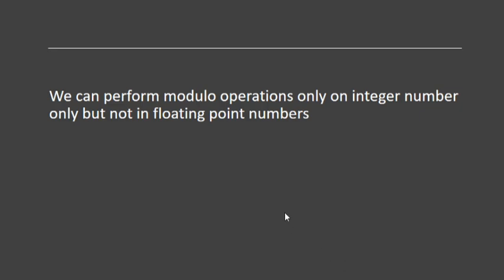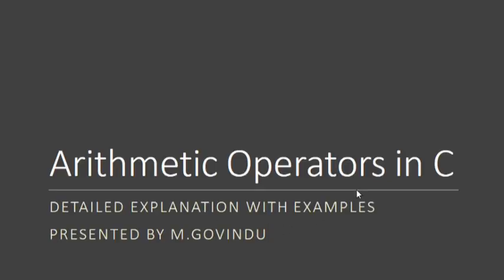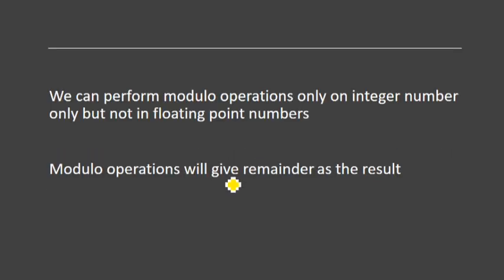You can perform modulo operations only on integer numbers but not floating point numbers. The modulo operator will give the remainder as a result. For example, 9 divided by 4: 4 twos are 8, so the remainder is 1.